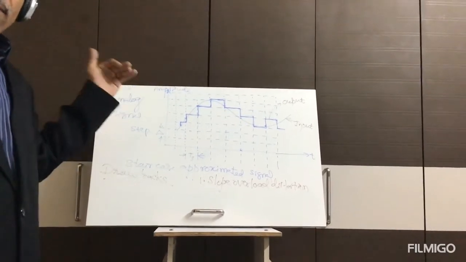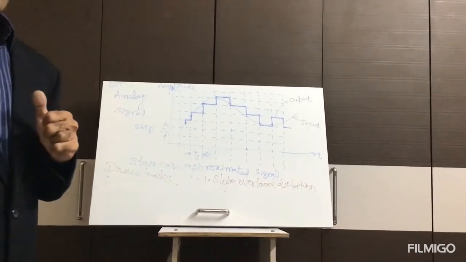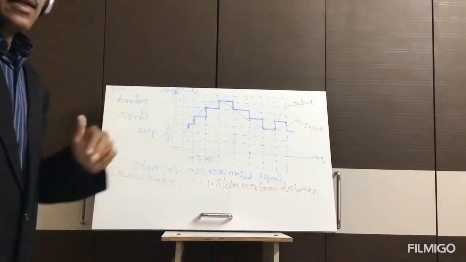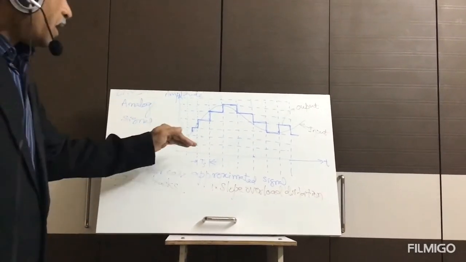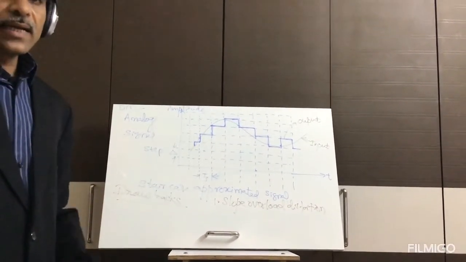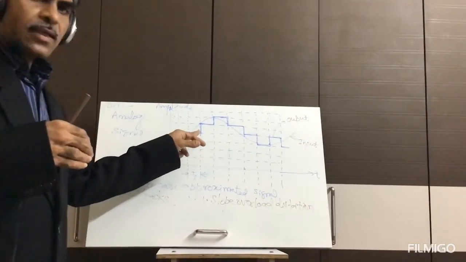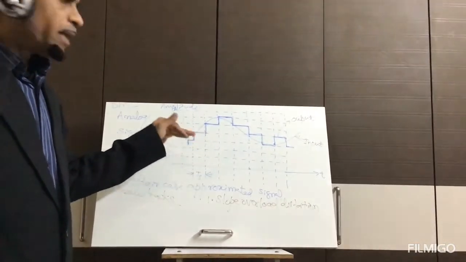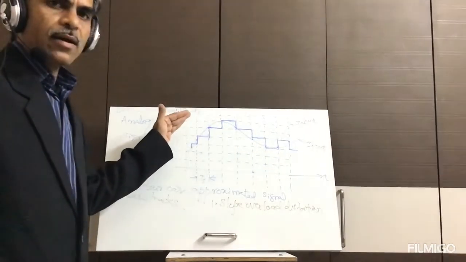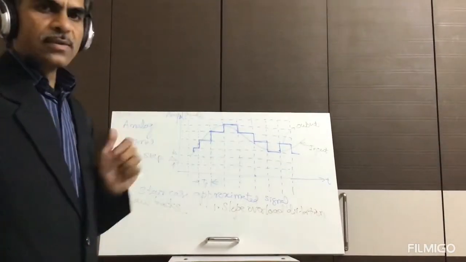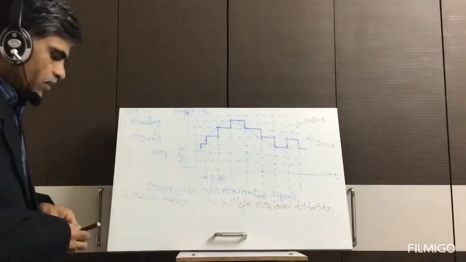That means the rate of increase of the input signal is much higher compared to the rate of increments in the staircase signal. In that case, your transmitted signal cannot follow exactly or approximately the given analog signal. So let me explain through the diagram.